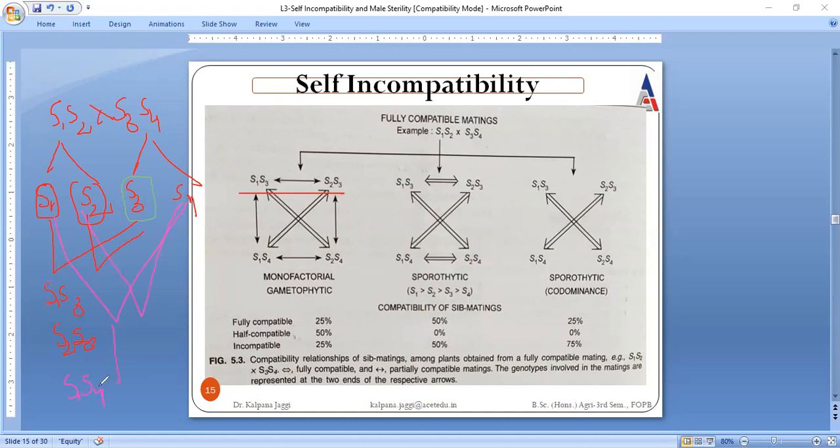And when S2 is crossing with S4, then we have S2, S4. This is said to be monofactorial gametophytic. That means monofactorial means one factor is allowed to cross with another two. Only one factor is crossing. This is the one scenario. Now we will talk about another case.